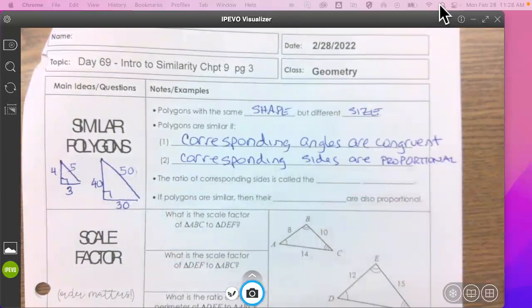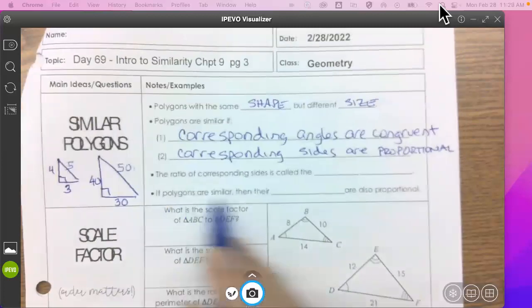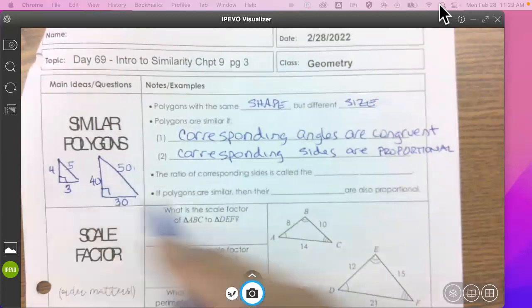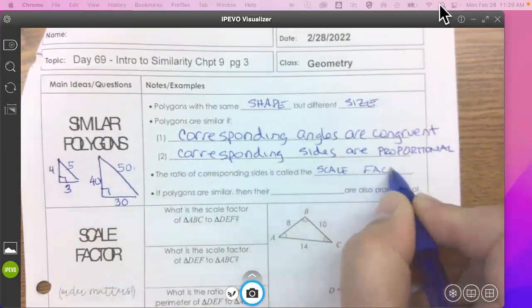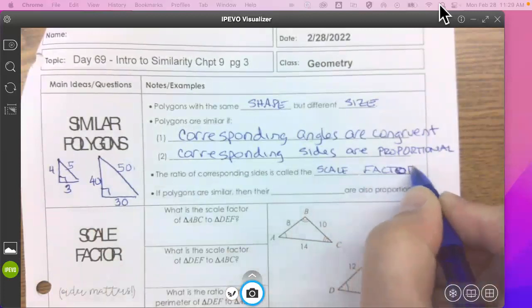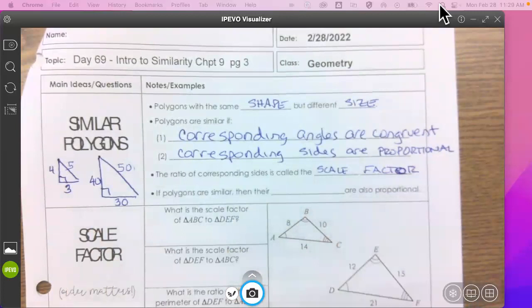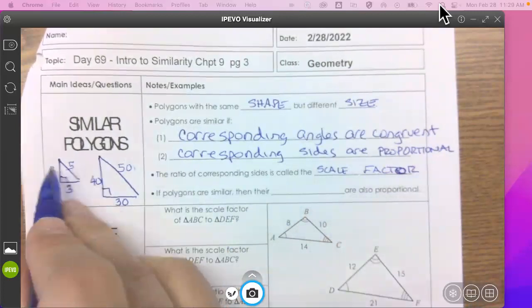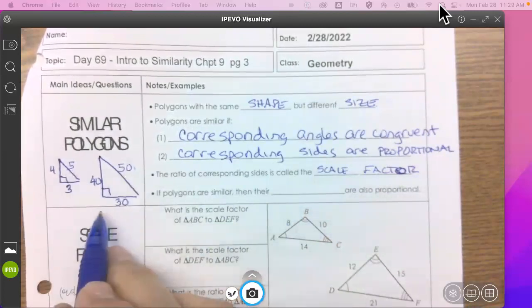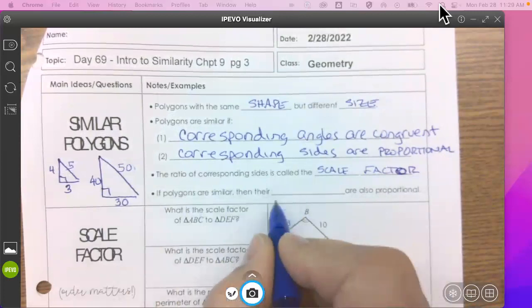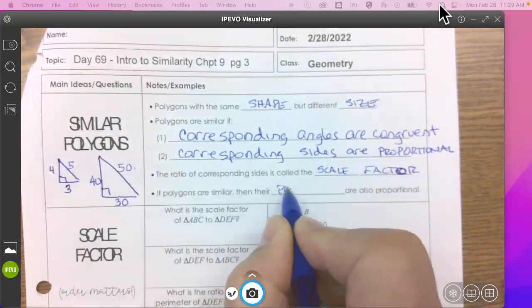They're in the same ratio. The ratio of those corresponding sides, like 50 over 10 or 40 over 4, is called the scale factor. And interestingly, if you add up all these parts and then add up all these parts, whatever the ratio of the sides was for similar figures, the perimeters are also going to be proportional.